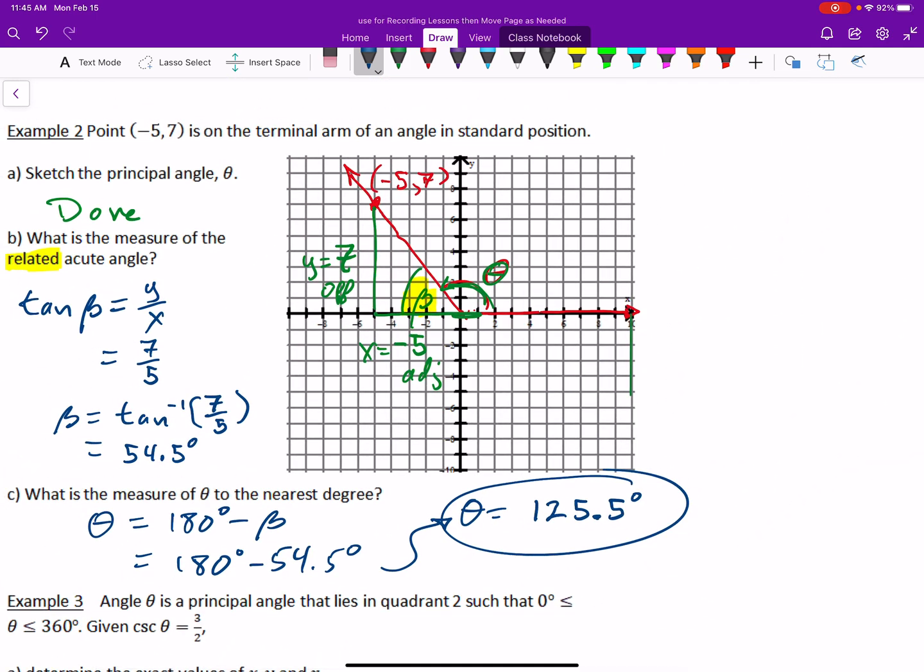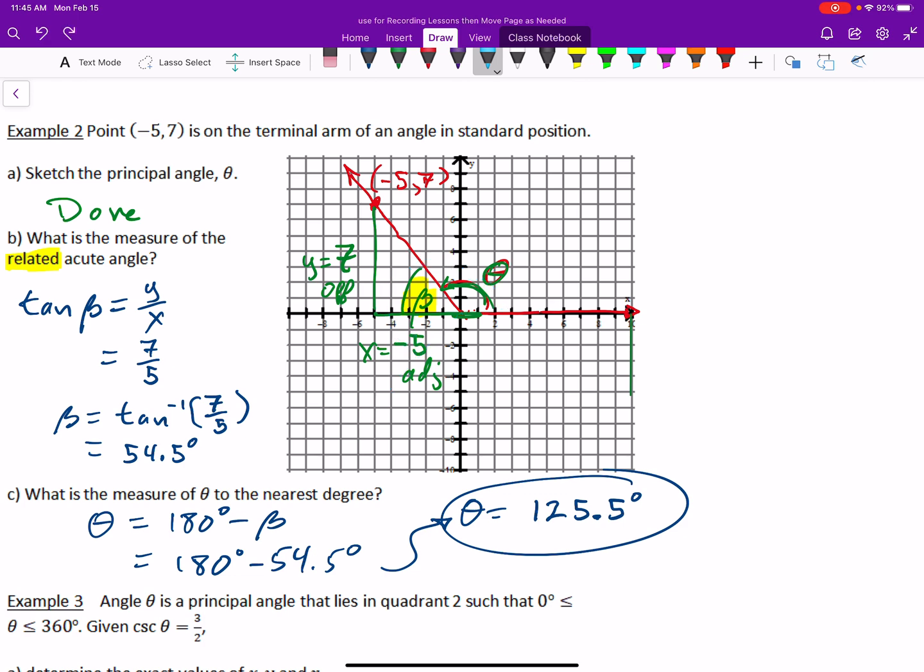Just to point out something that might come up later, what if our terminal arm ends up being in quadrant 3? Well, then theta would go all the way around to here. It would go past 180 plus beta. So if I found beta in quadrant 3, instead of subtracting from 180, I'd add it to 180 because I'm going past 180. All angles in quadrant 3 are past 180.